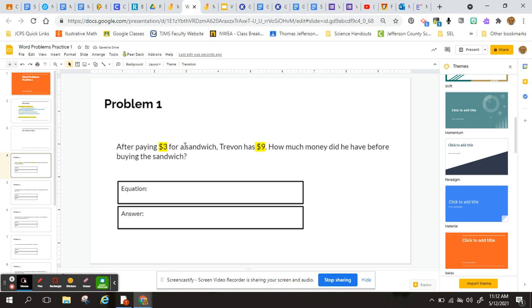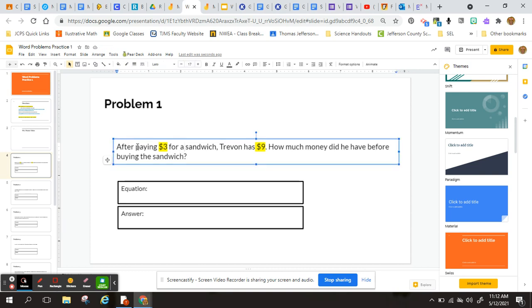Any keywords? Well, after paying $3 for a sandwich, Trayvon has $9. So he paid $3. So that means he lost it, maybe. So we want to keep that one as a keyword. So I use the underline and I change the color, because, I'm sorry, you're supposed to do it after.